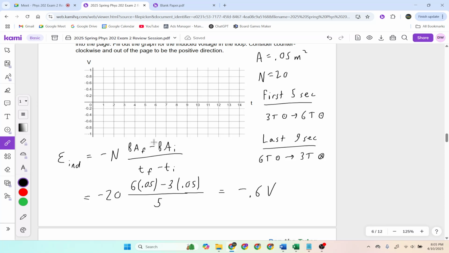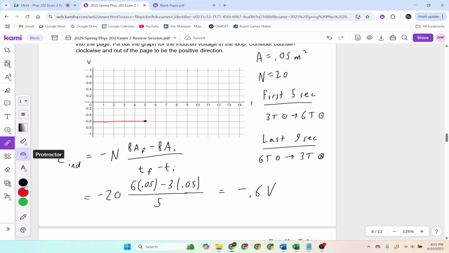Now, I have a decision to make. Here's 5 seconds, there's negative 0.6. So it's either going to be a linear line like this, or it's going to be a constant line like this. Any brave souls want to take a guess? The answer is the red.